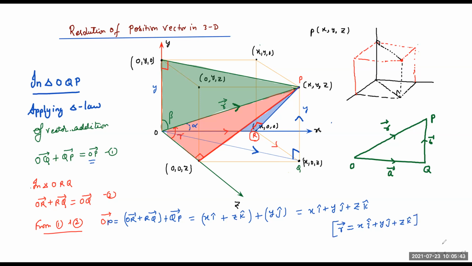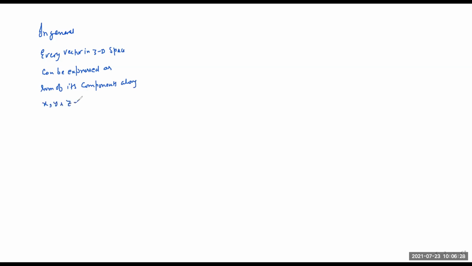So taking the clue from this derivation, in general, every vector in 3D space can be expressed as the sum of its components along the x, y, and z axis.